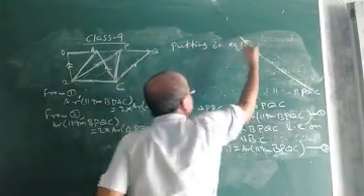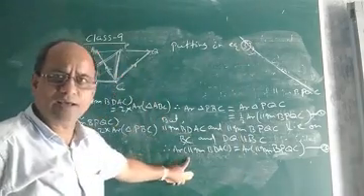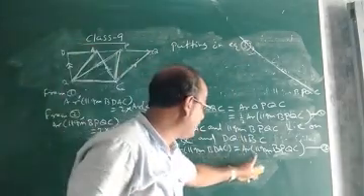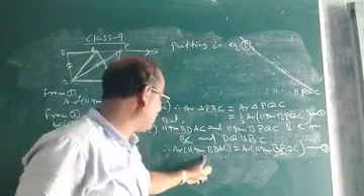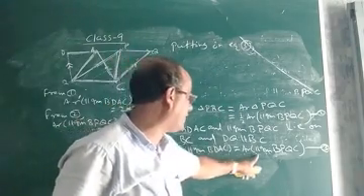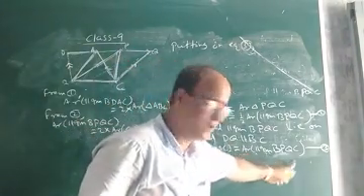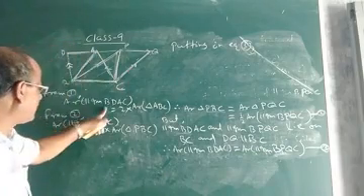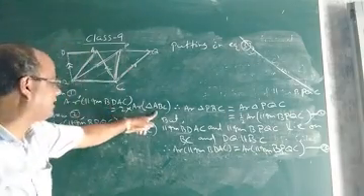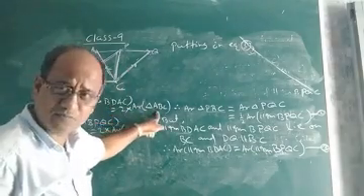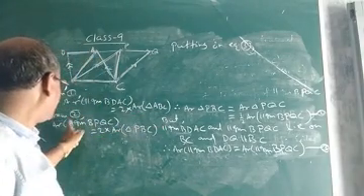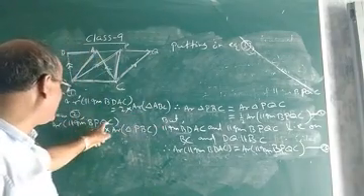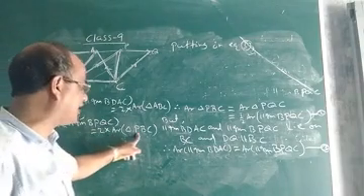See, in equation 3, area of parallelogram is equal to area of parallelogram. Area of parallelogram BDAC equals area of parallelogram BPQC. Here we got area of parallelogram BDAC equal to 2 into area of triangle ABC, and from equation 2 we got area of parallelogram BPQC equal to 2 into area of triangle PBC.